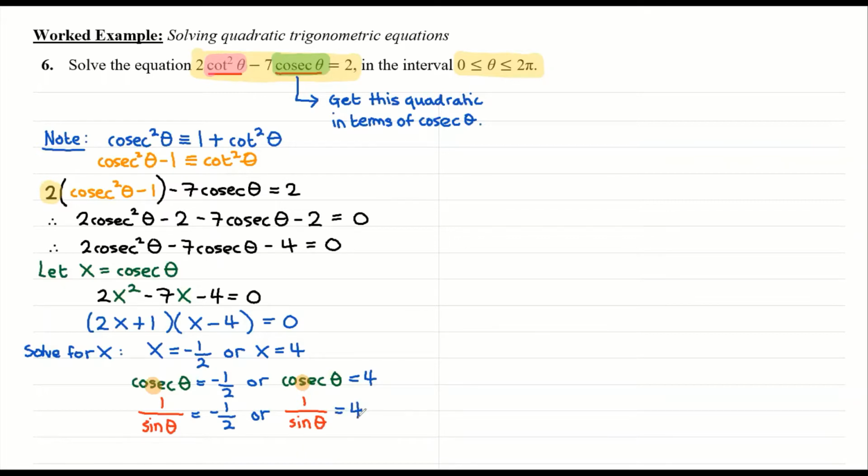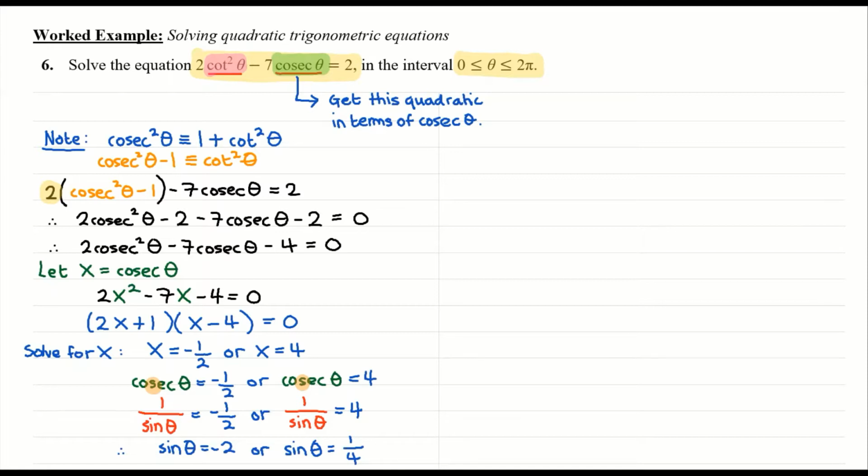Now, just to finish this off, we just reciprocate that, and we've got 2 solutions for sine theta. So therefore, sine theta will equal the reciprocal of -1/2, which is, of course, -2, or sine theta is equal to 1/4. Right. And we'll just stare at these for a second.